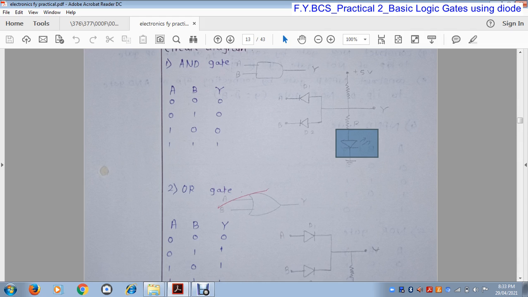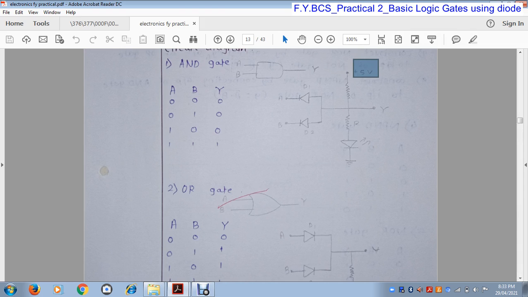Now here we provide a 5 volt supply. So when this 5 volt comes across this path, if we consider diode D2, the cathode of D2 is 5 volt and the anode is also 5 volt, because here we provide a 5 volt power supply.